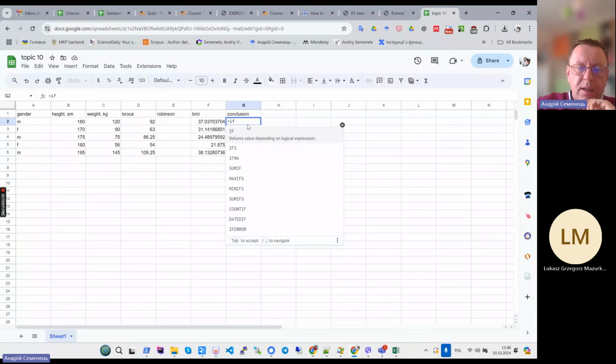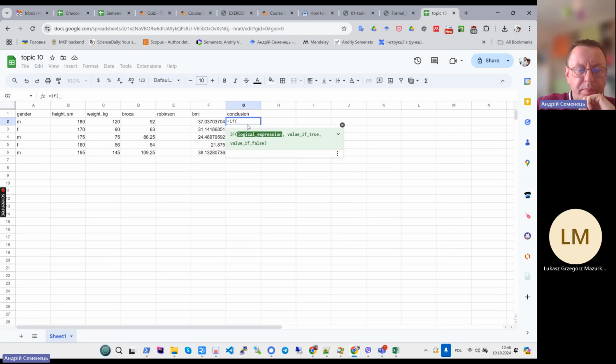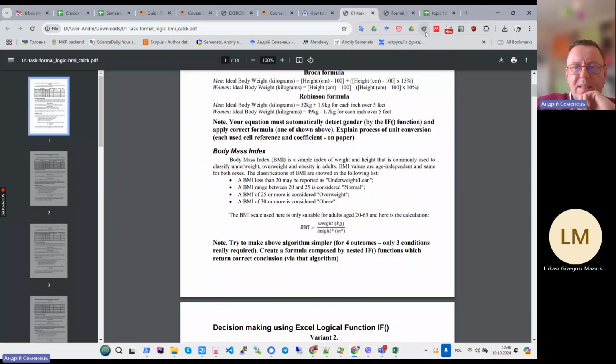In this case, I will not provide the full formula, because if I do it, there will be almost nothing to do for you. So we start with the first comparison. We compare our BMI, of course. What is the first condition? Our first condition is less than 20.